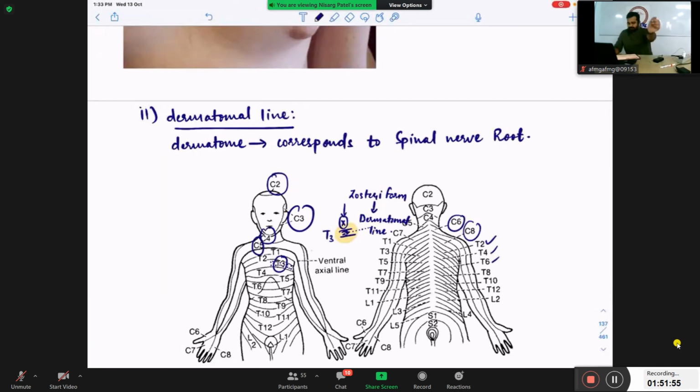It corresponds to the spinal nerve root. It is a nerve of skin innervation. So nerve to skin innervation.